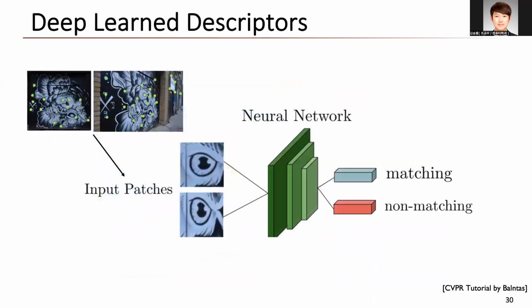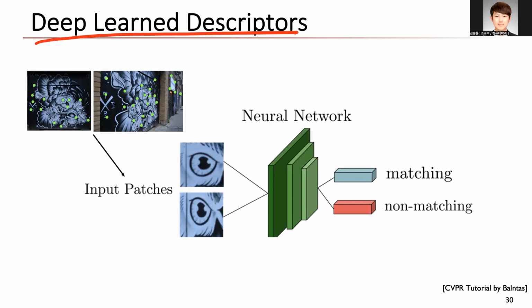Then after that, many researchers tried to formulate a deep learned descriptor, not a handcrafted descriptor such as SIFT. How do they do that?